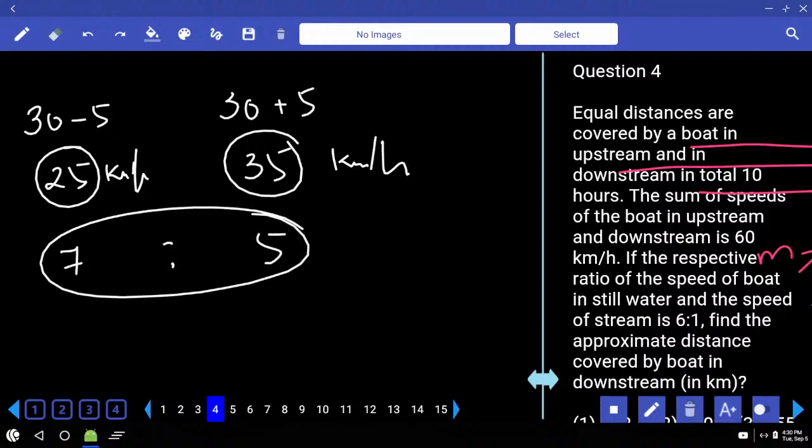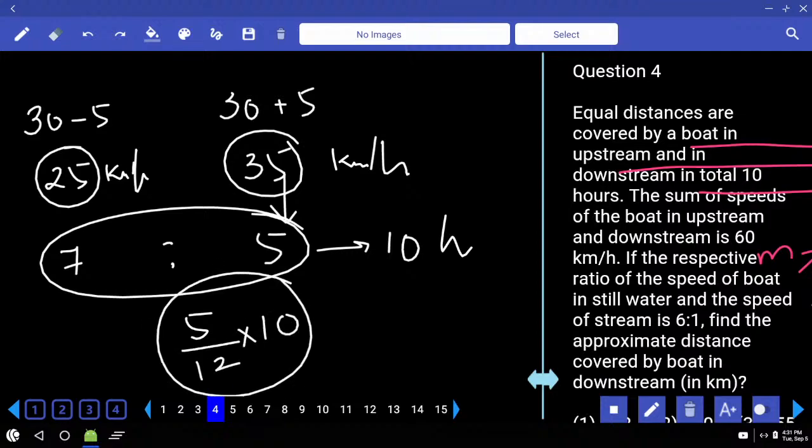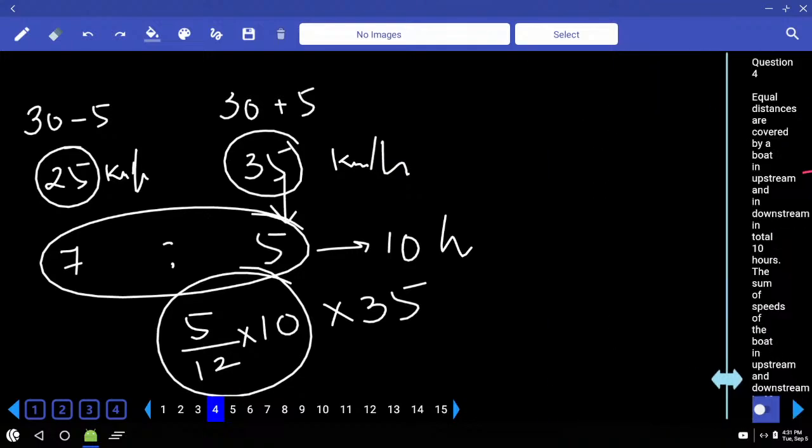Total 10 hours. Therefore, in downstream it took 5 parts out of 12 parts of 10 hours. This is the time taken in downstream into the speed, that is 25 into 35 by 6.